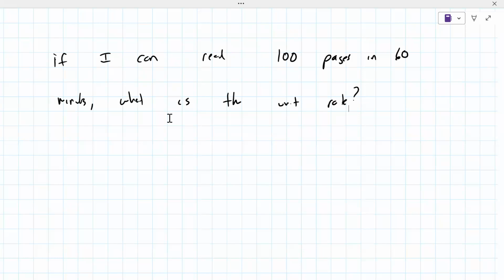That's 6 times 0. Okay, so 360 is closest. So 60 times... So I guess you just do 1.6 pages per minute. 1.67 pages per minute would be a little bit better, but yeah.